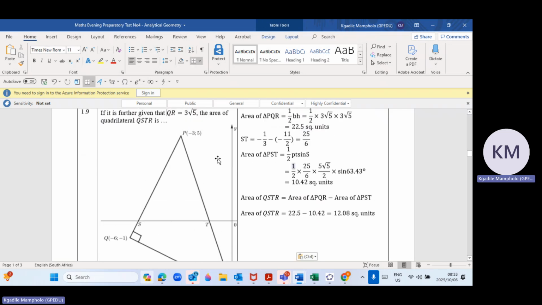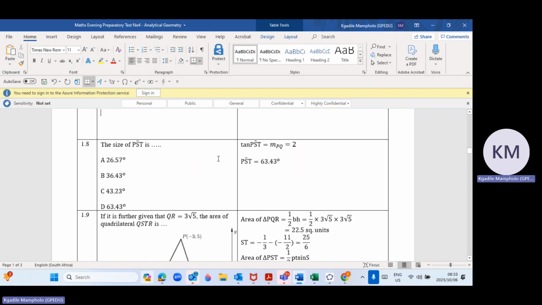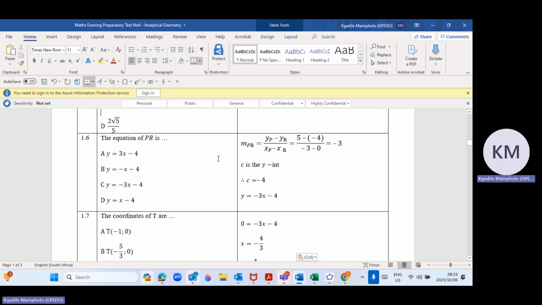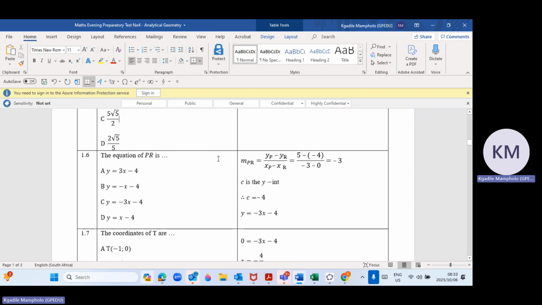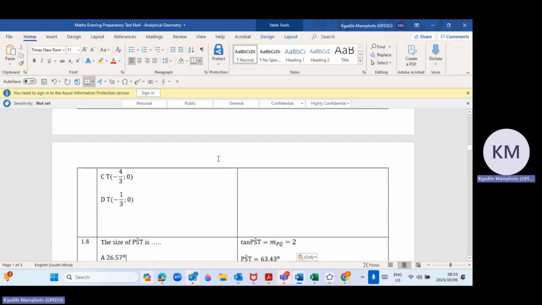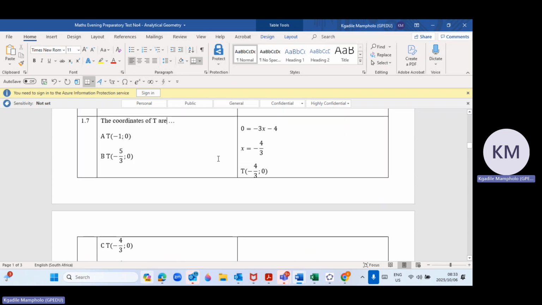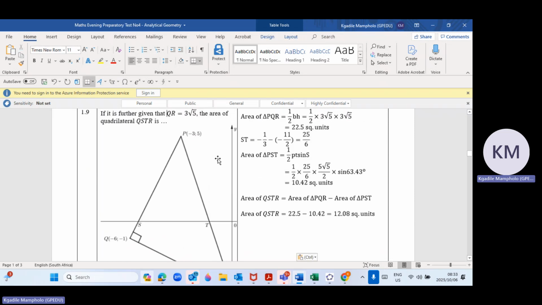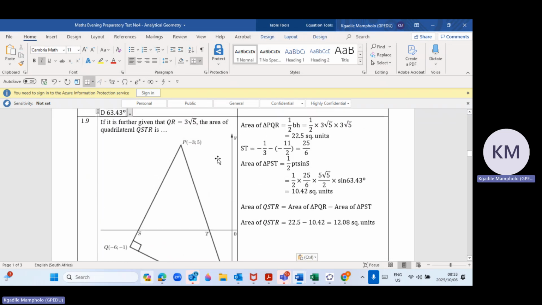Now, as we already know the length of PS, which we calculated here. Where did we calculate PS? Okay, let's just quickly go here and check the length of ST. Remember, when you calculate the horizontal distance, it is the bigger value minus the smaller value.